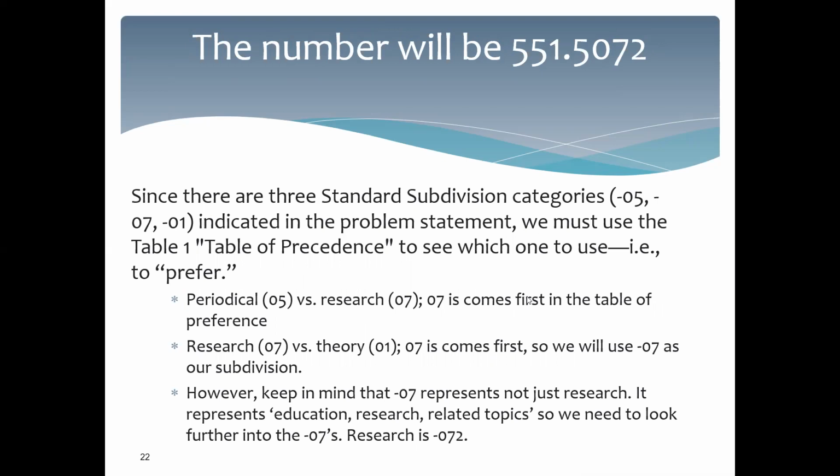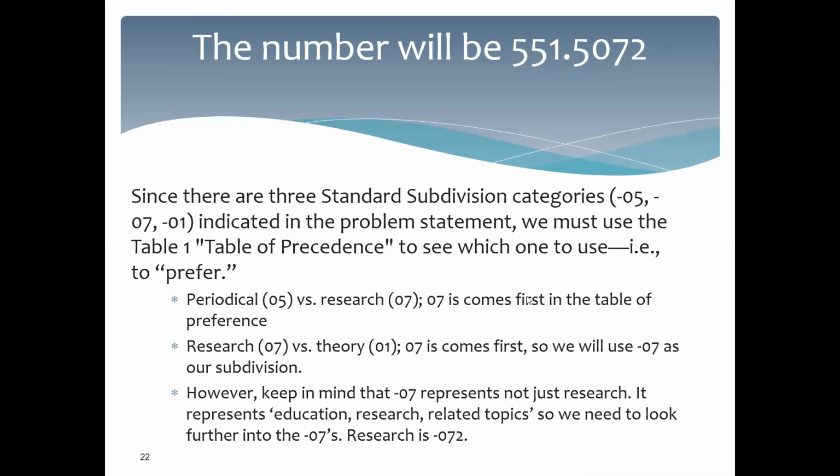Would we start with 05, 07, or 01? Periodical versus research: 07 comes first in the table of precedence, so we would choose research over periodical. Then research versus theory: research comes first, so we would use research first.